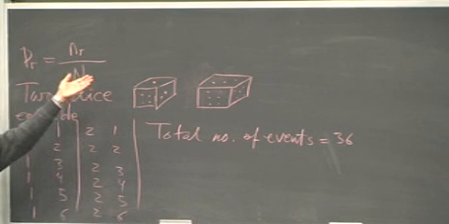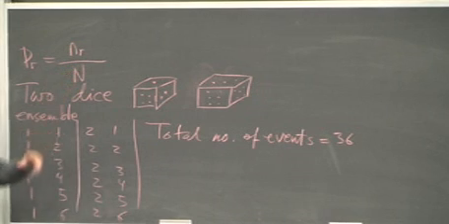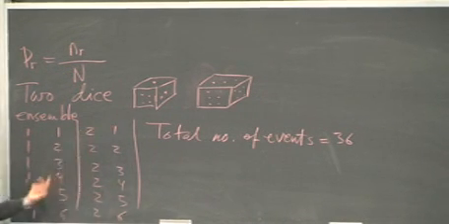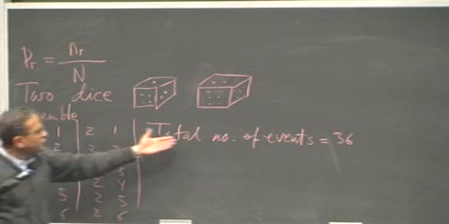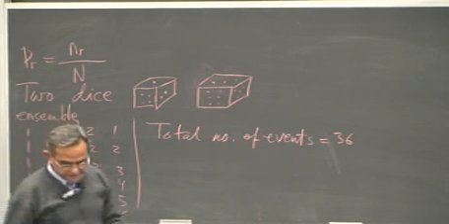These 2 dice are completely independent of each other. Okay? And therefore, for each of these, there are 6 other possibilities, and for each of these, there are 6 of these possibilities, and therefore, a total of 36 possibilities. So the ensemble consists of 36 possible states.